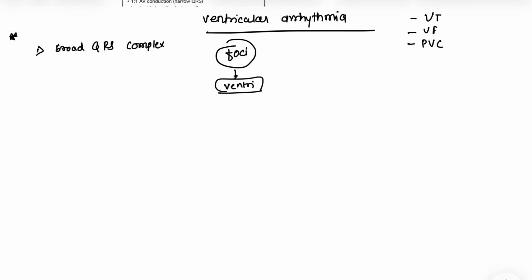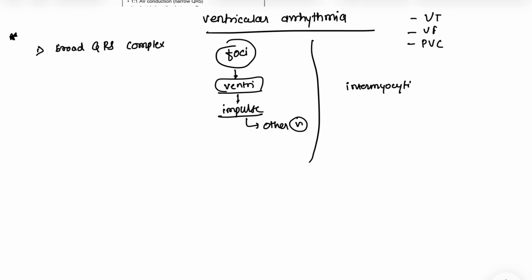So any foci present in the ventricle will generate the impulse, and this impulse will carry to other parts of the ventricle, right? Now this conduction is intermyocytic, right? This intermyocytic conduction is very slow as compared to neuronal.